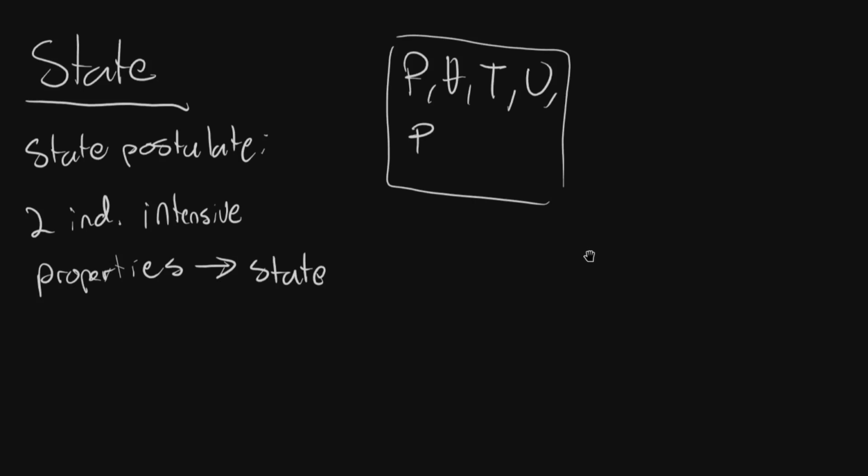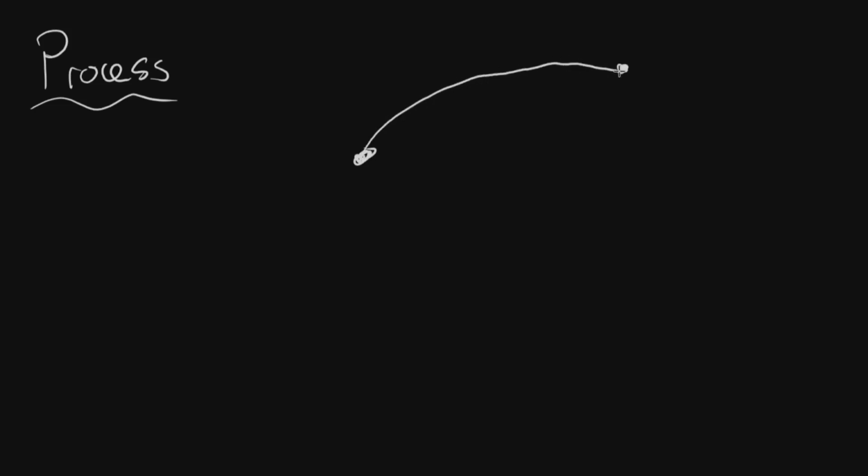Now, if we're going from one state to another, then that's called a process. So a process goes from one state up to another. And if we happen to know the closest state, then we can figure out basically what it's going to look like at each point along this process.